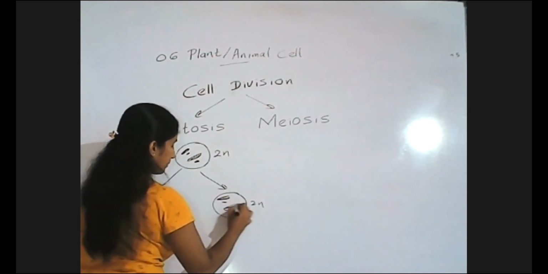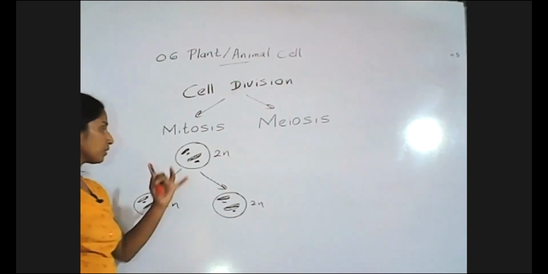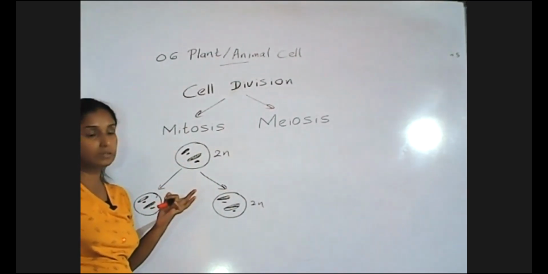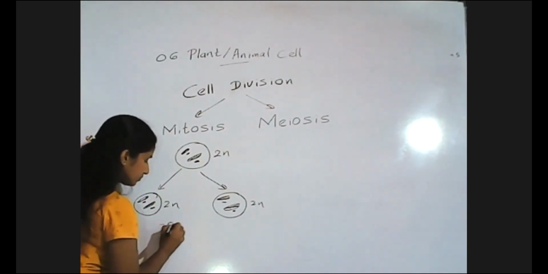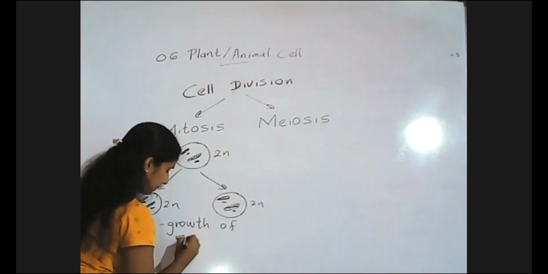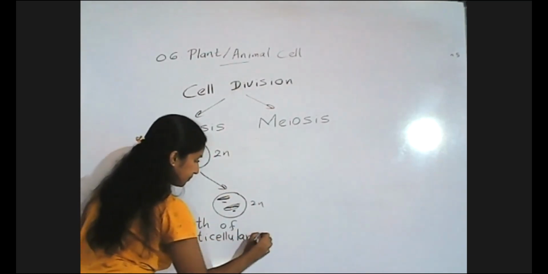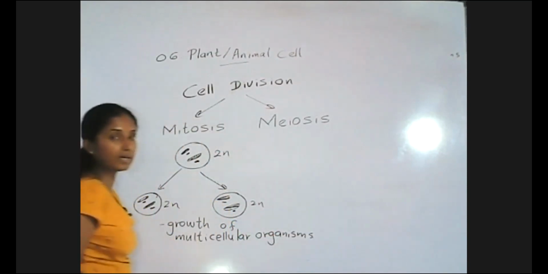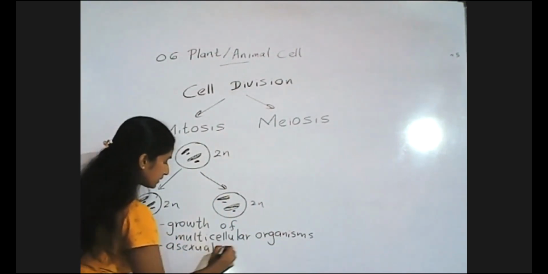Then you have to remember the instances where mitosis is going on: growth of multicellular organisms and asexual reproduction.